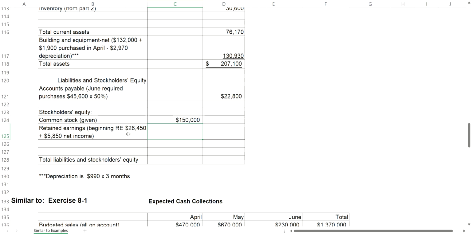There were no dividends paid, so therefore we'll just add the two together for $34,300 and add those two together for stockholders' equity of $184,300. Add the liabilities and stockholders' equity, and it matches your total assets at $207,100. Thank you very much.